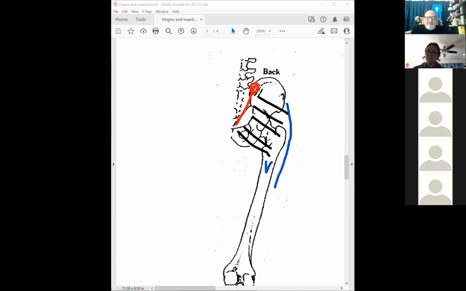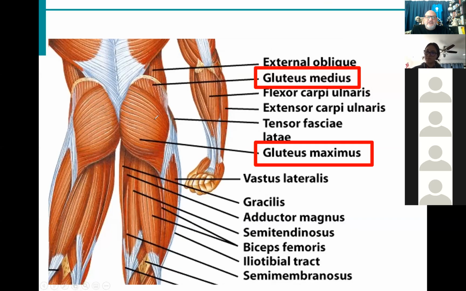I make a point of emphasizing that because deep to it, right? Anytime there's a gluteus maximus, what else is there going to be? Gluteus medius. A gluteus minimus, right? There's going to be a maximus, there's going to be a minimus, and you're not responsible for that. But in this case, there is also one in between, a gluteus medius.